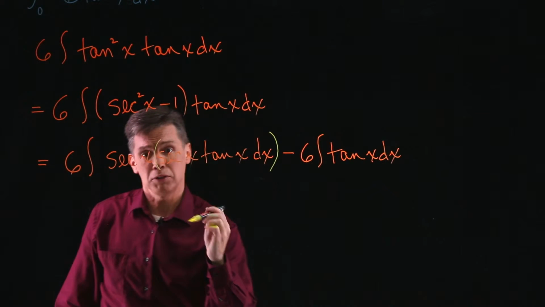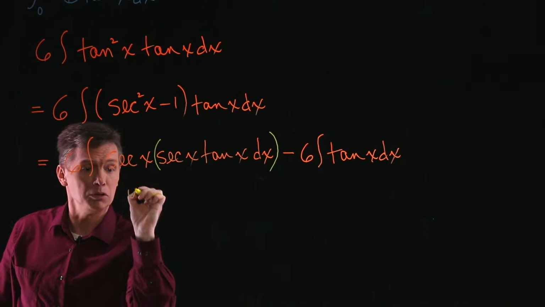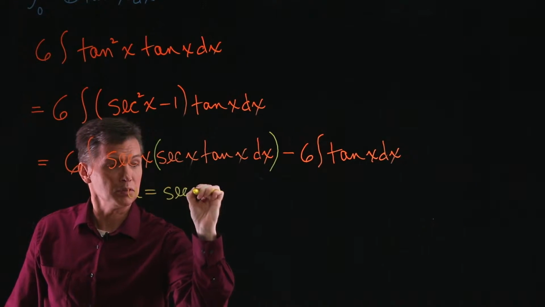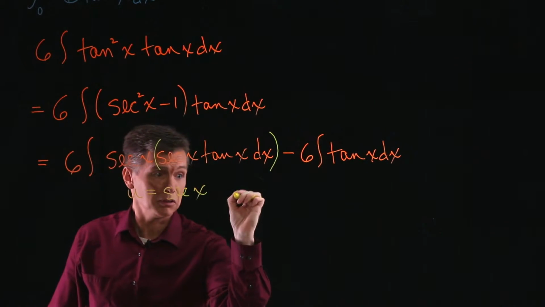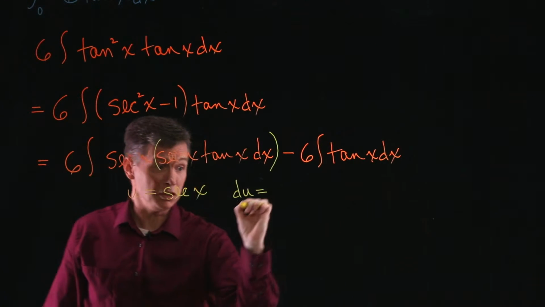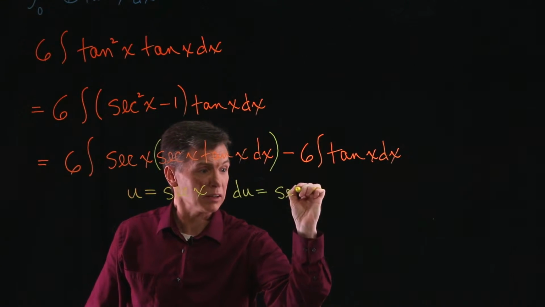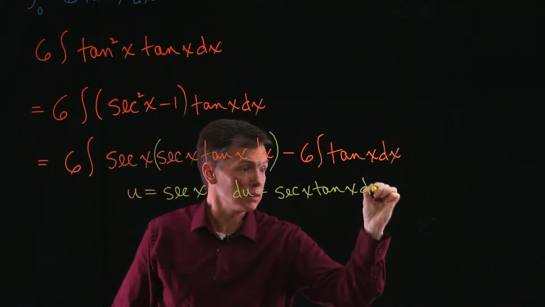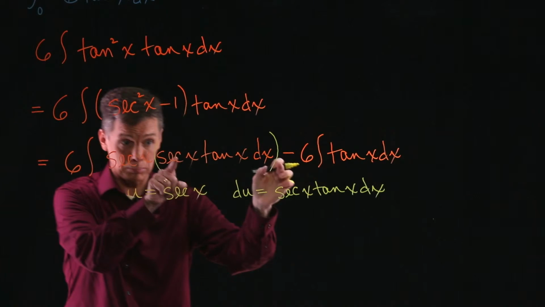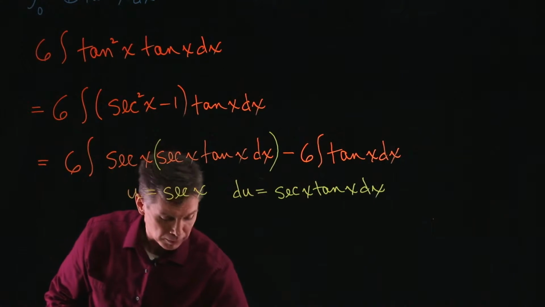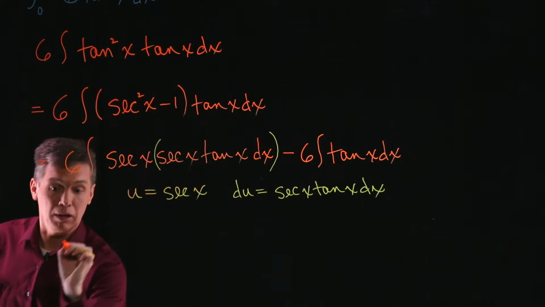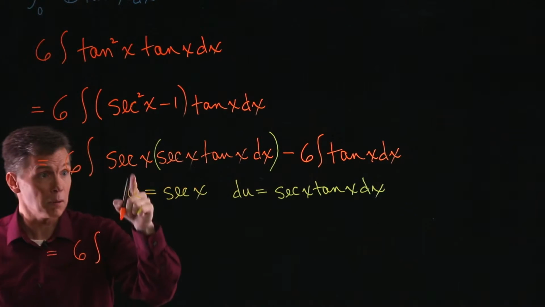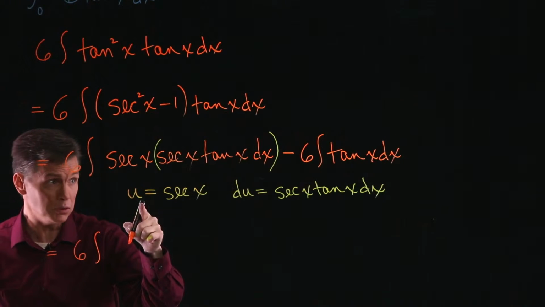In fact, I'll keep this color here because I'm going to do my u substitution that I mentioned and let u equal secant of x. As I've already given away, the du then will be secant of x tan x dx, which we like because now the parentheses just boils down to du. So in my next step down here, this will equal the 6 still, the integral, the secant of x is getting replaced with u.